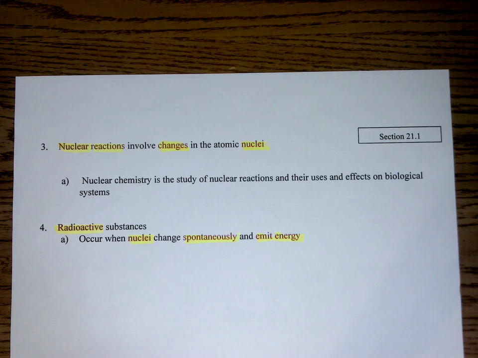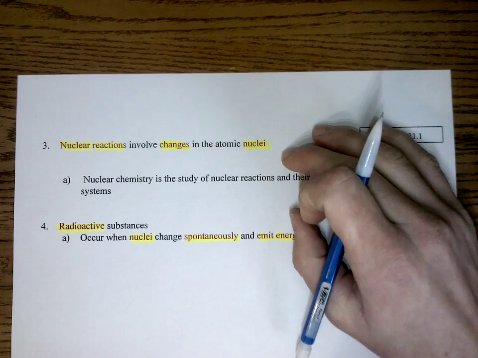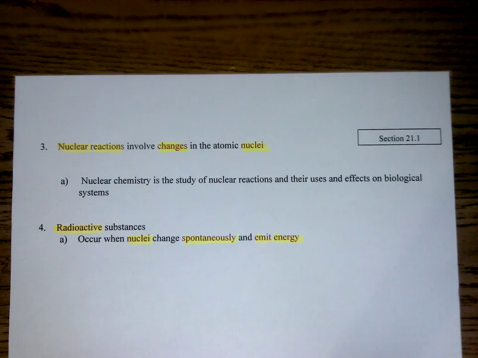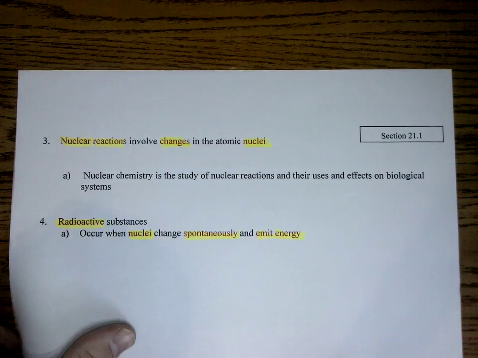Some take longer than others to emit this energy, but almost all are going to have that spontaneous emission of energy. Each and every element has a determined half-life about when it's going to emit that energy. Okay, so let's get into the nucleus specifically and really get down to business in terms of what we have here.